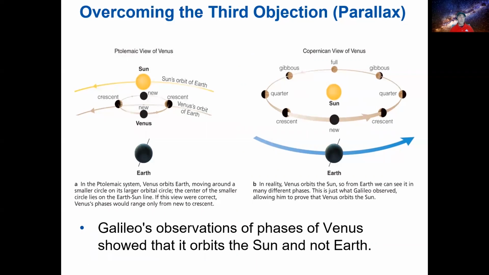If Venus orbited Earth and not the Sun, its phases should range only from new to crescent. But Galileo had recorded all phases for Venus, including full, an observation that would fit much better with the heliocentric model.